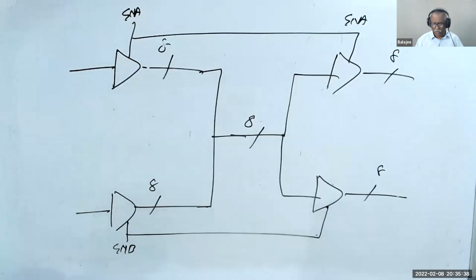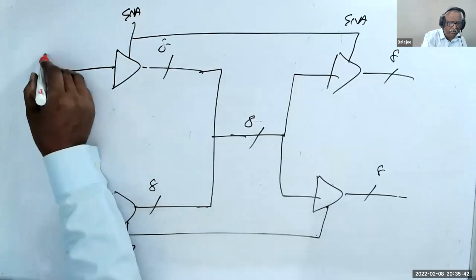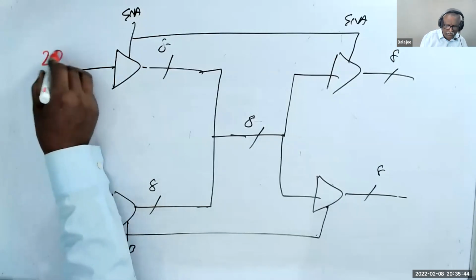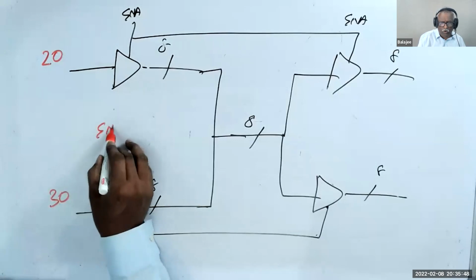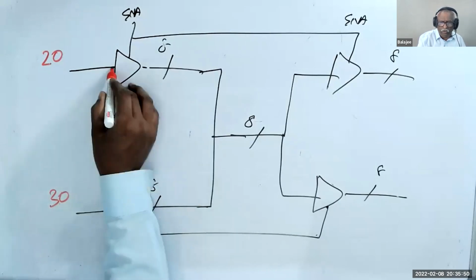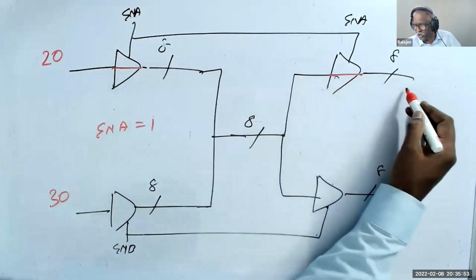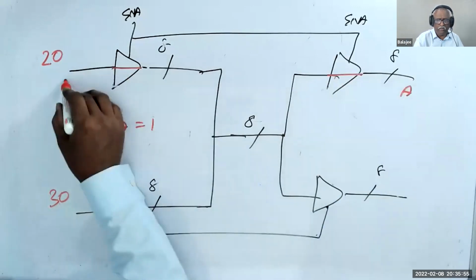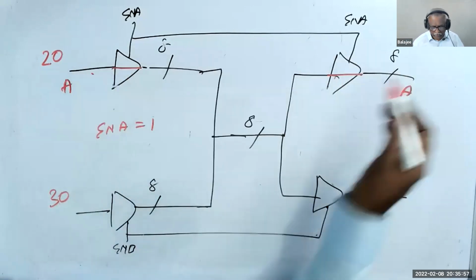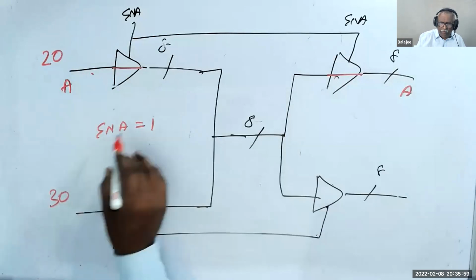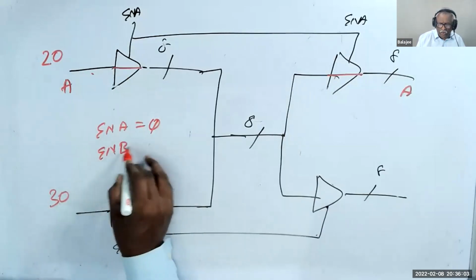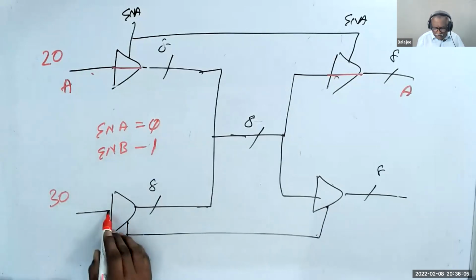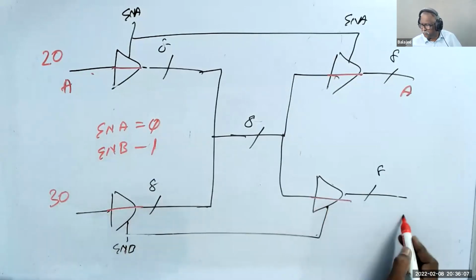Now think of it. When you give 20 and 30, if you give enable A equal to 1, this is on, this is on, this goes to A. Now, if you give enable A as 0 and enable B as 1, now this is on, this is on, this is B.